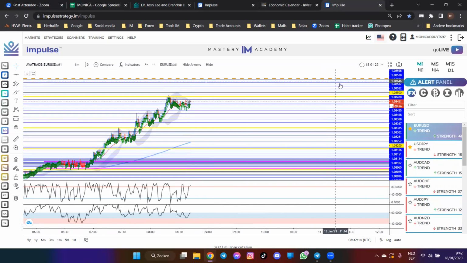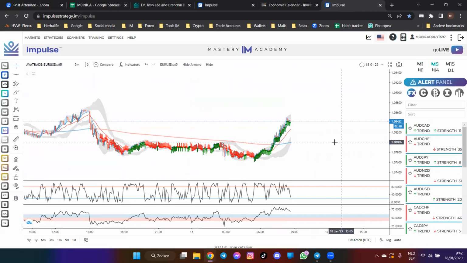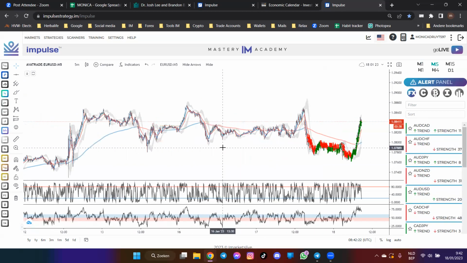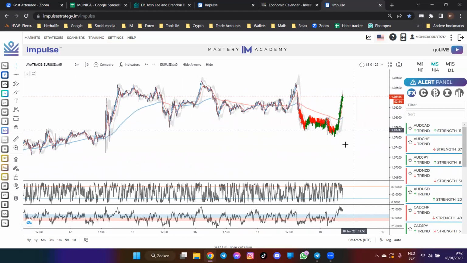What I also do, guys, is check the 5 minutes and look for highs and lows there as well. If I put the cursor, you see the square, you see the dotted lines, I actually put my line there. I look at the price here, you see?